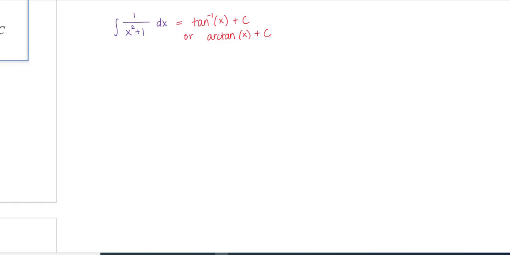Let's just add one thing in so we can see how the pieces of this are all going to fit together. Let's say instead of the quantity x squared plus 1, I have the quantity x squared plus 4. Well, in order to make this inverse tangent of x, I need to have that constant be a 1. So let's go ahead and factor a 4 out of my denominator.